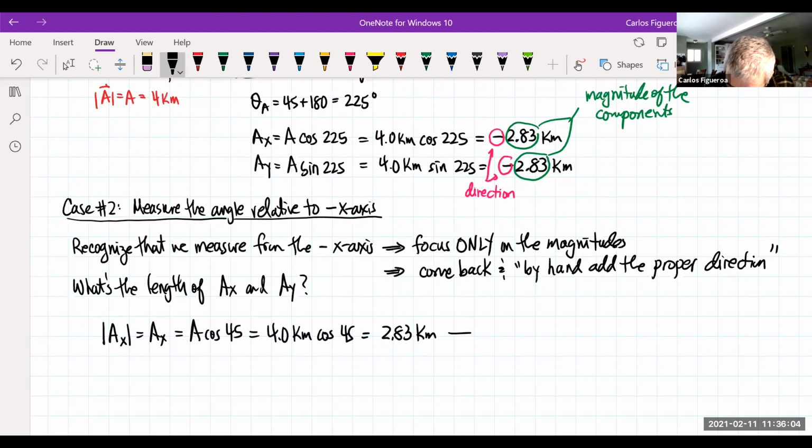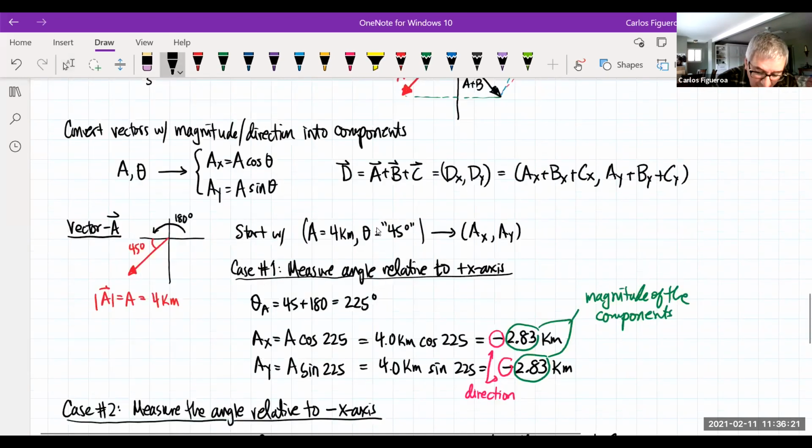So now what do we do? By hand, we ask, which quadrant is that x component looking at? If I look at the quadrant, we can see that we are in the third quadrant. And in the third quadrant, we know that the x component must be negative.